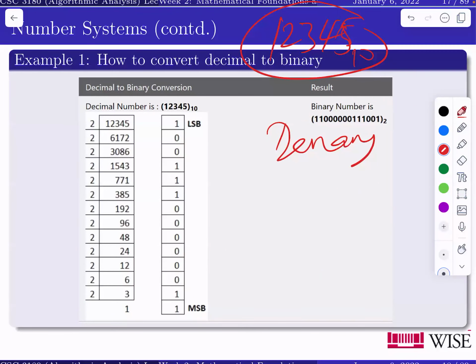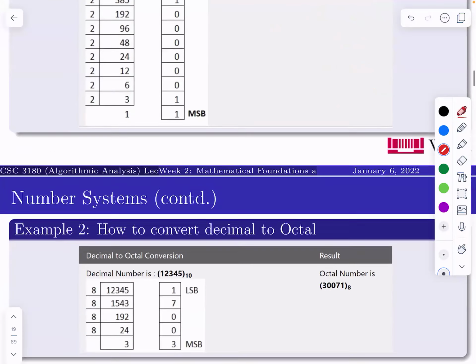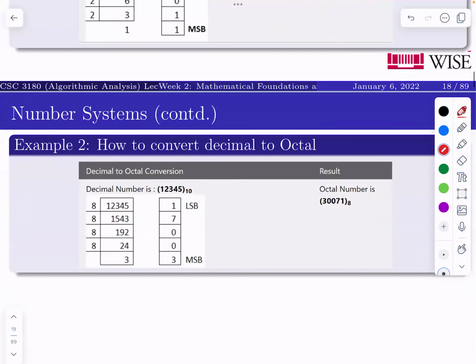How do you convert this to binary? Binary means base 2. You have to keep dividing that number by 2 and keep track of the remainder right there. Okay. Now, octal, you can convert decimal to octal. You have this decimal number 12345 in base 10.